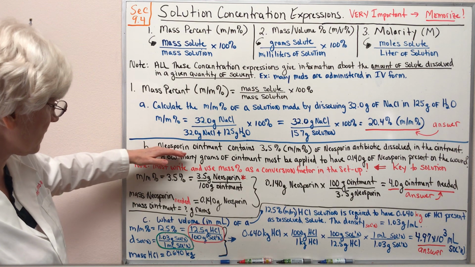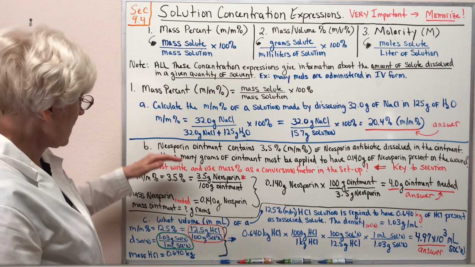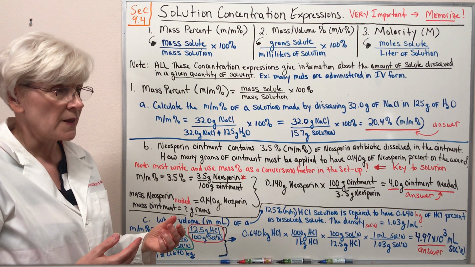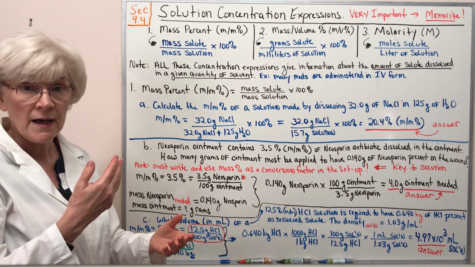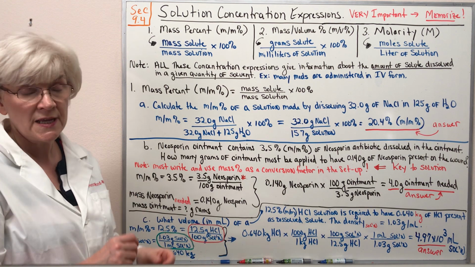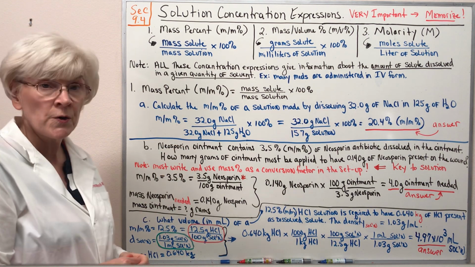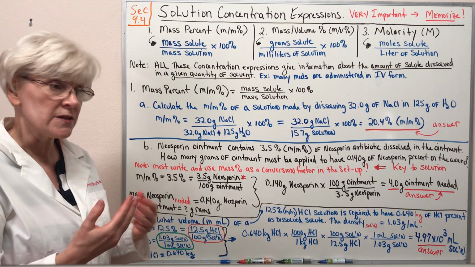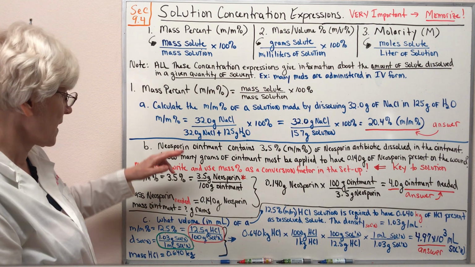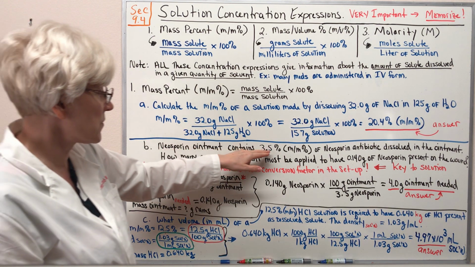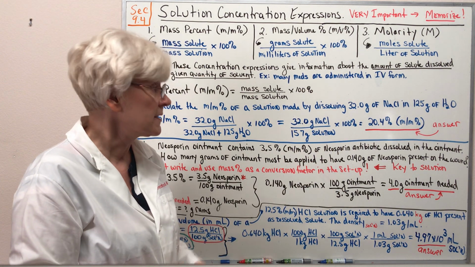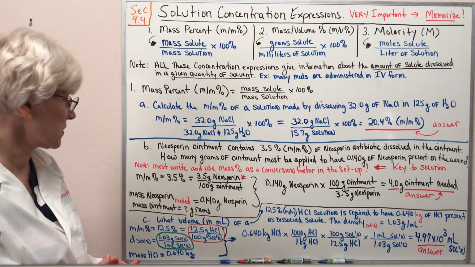So the second problem refers to an antibiotic ointment called Neosporin, an ointment that's used to treat wounds where there could be a bacterial infection setting in because the wound is open and germs can get into the wound. Neosporin is an antibiotic that is used to treat the wound and make sure that an infection does not set in. So Neosporin ointment contains 3.5% by mass Neosporin antibiotic dissolved in the ointment to make a solution.